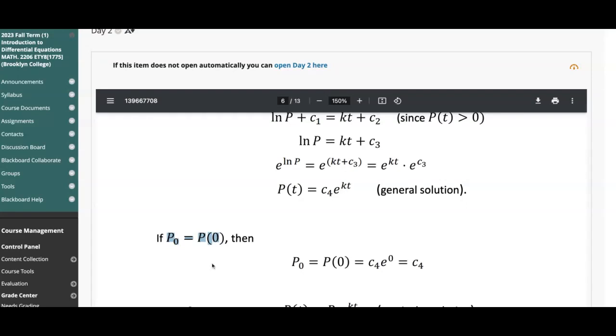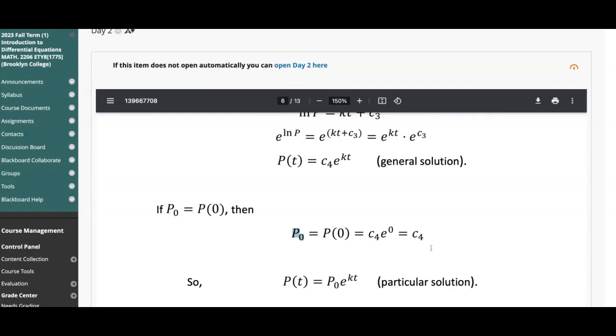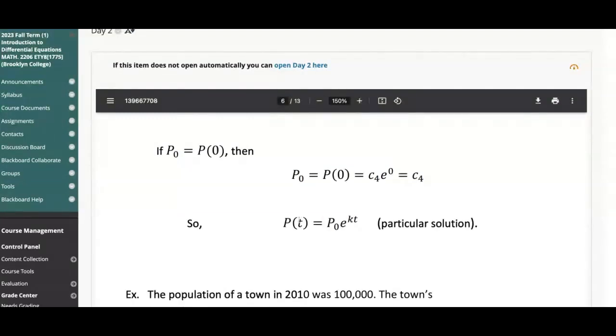If the initial value is P of 0 equals P naught, then we have P naught as the scalar here. So we write P of t equals initial P times e to the kt.